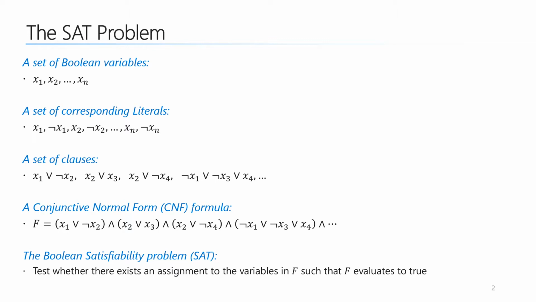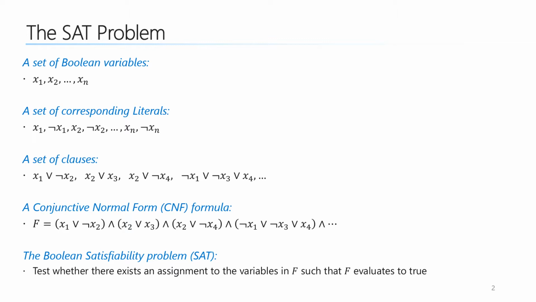Then we can use literals to construct a set of clauses, as shown in this slide. Actually, in the SAT problem, a formula is usually expressed in conjunctive normal form, CNF. An example of a CNF formula is presented in this slide.